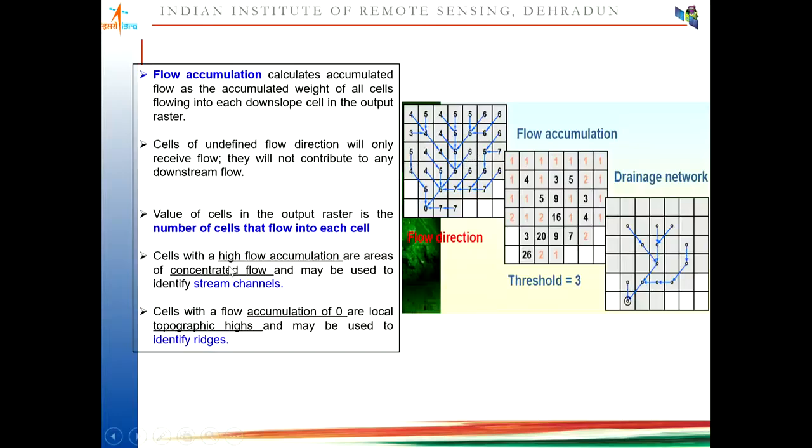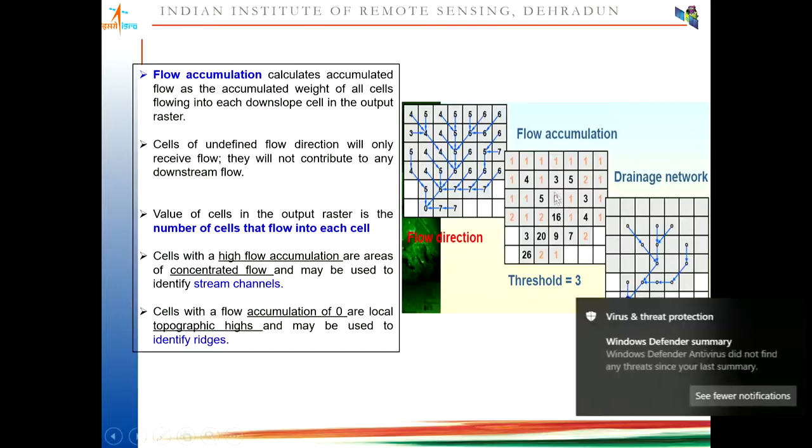High flow accumulation areas are where you are getting larger numbers. Suppose 16, it is getting runoff from 16 pixels, so it is the depressional area. And if it is a depressional area, then there will be concentrated flow from this side.